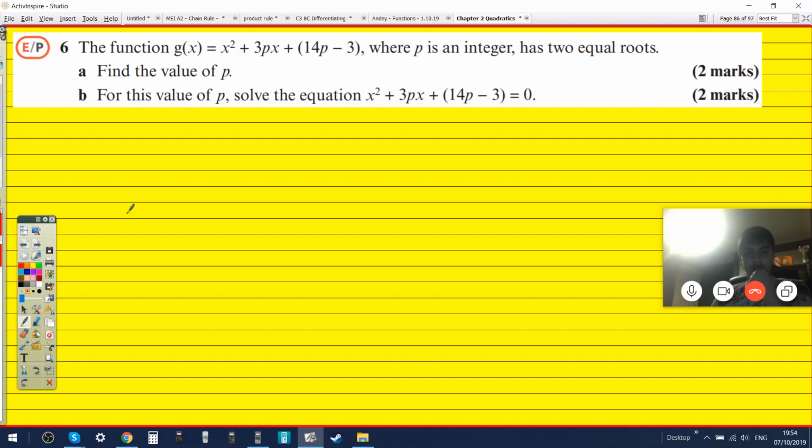So I need to do b squared minus 4ac is greater than 0. And so what is A, what is B, what is C? A is 1.